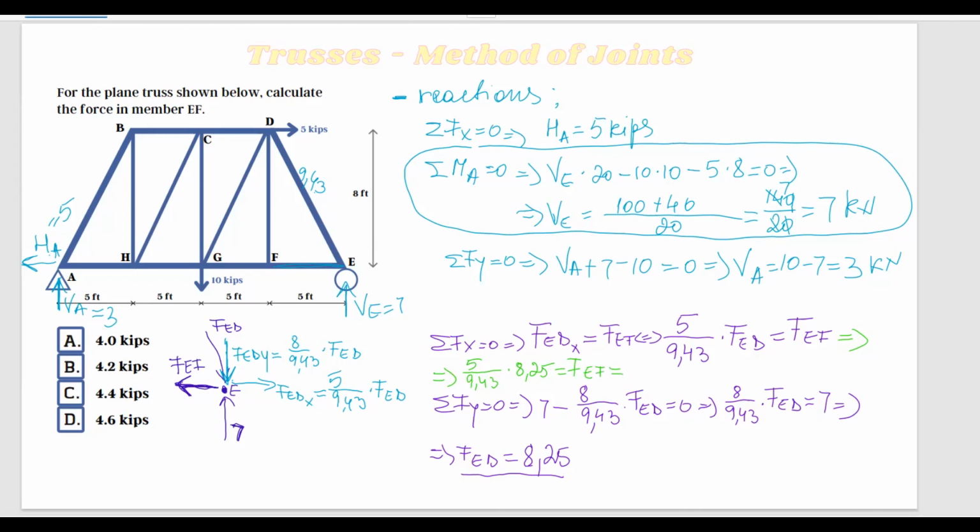And this equals 8.25 times 5 divided by 9.43. So I get FEF as 4.38 kips.